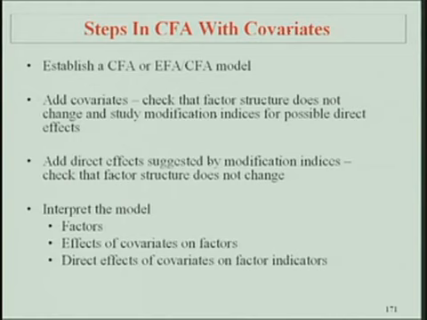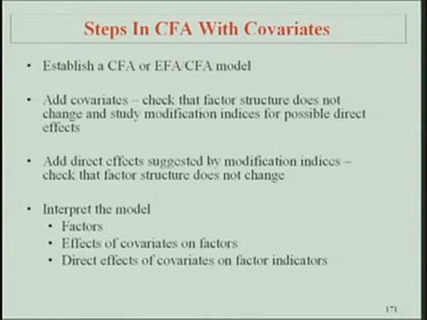Then you want to add the covariates and check that you don't change your factor structure. And then you would want to study modification indices to see if you have potential direct effects that might lead to non-invariance. And if you find that you have, via the modification indices, some direct effects that need to be included, you would want to add those.